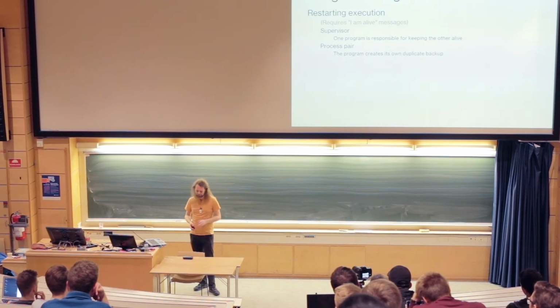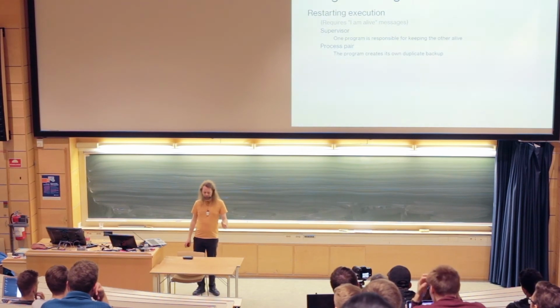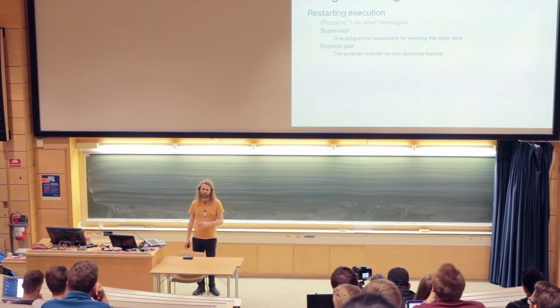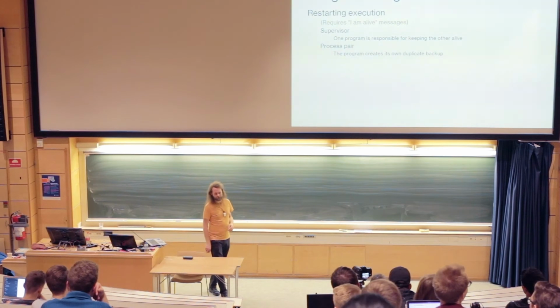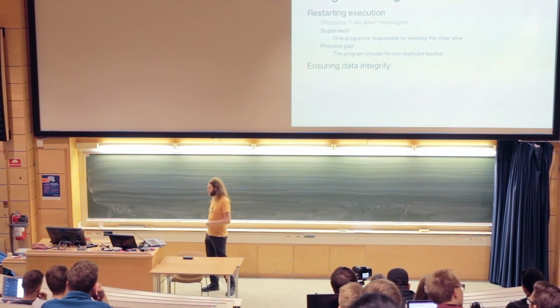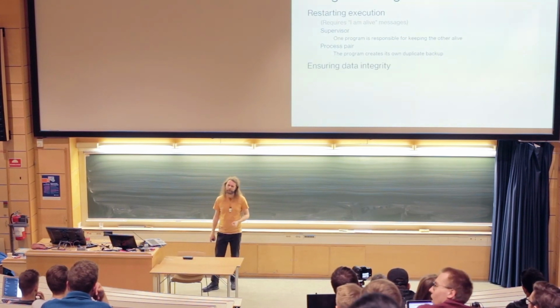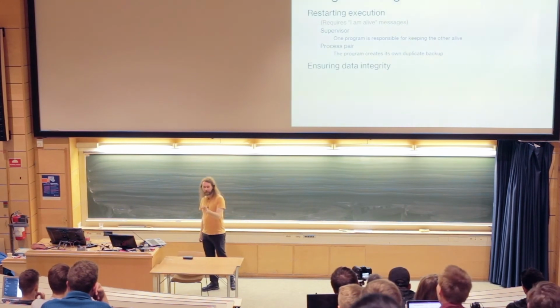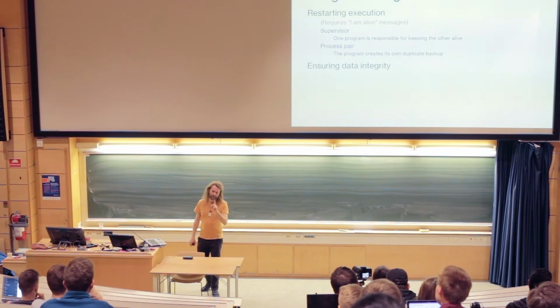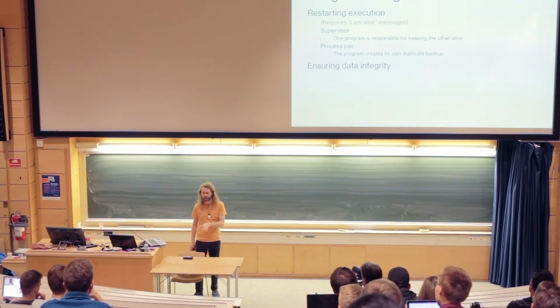The problem is, of course, if we restart the program, we lose the progress that we've made. And we don't want to lose the progress. So we need to restore the data structure that's internal to the program as well. We want to make sure that we continue from where we left off. Or rather, from the last place that it is safe to continue from.